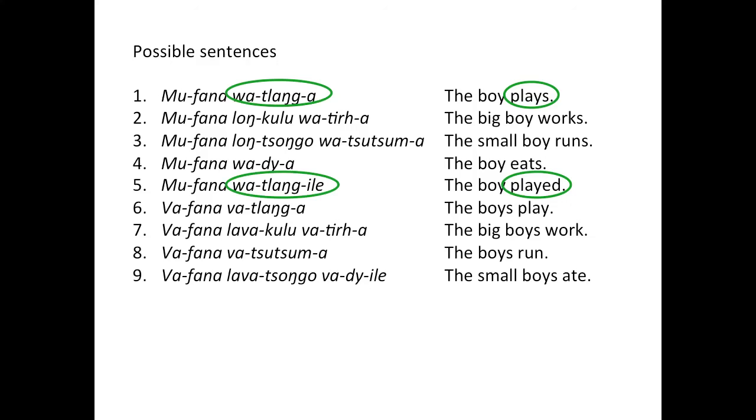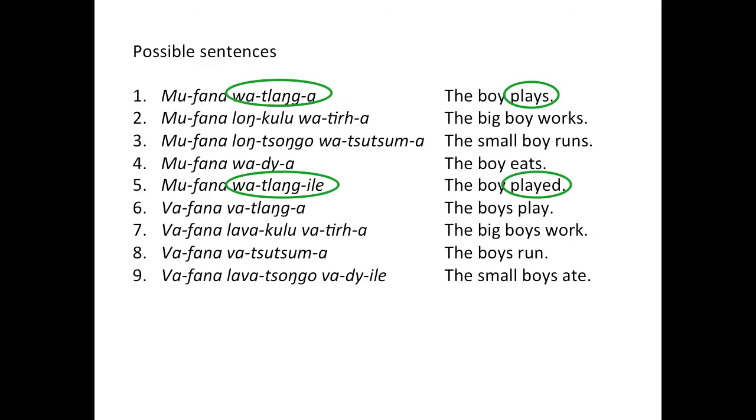But notice that these words consist of 3 morphemes. We can't guess yet which bit means play, what wa means, or what tlang means. What we can make a hypothesis about is that the difference in form is between a as a suffix and ile as a suffix on each word, which correlates with a difference in the translation between present tense and past tense.